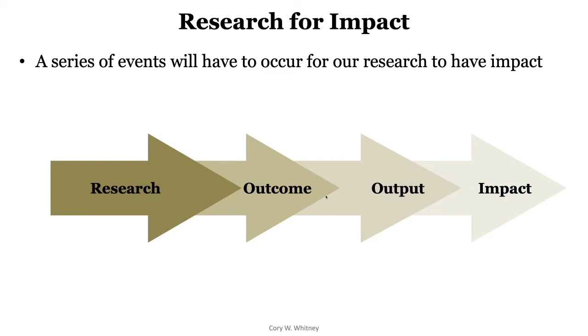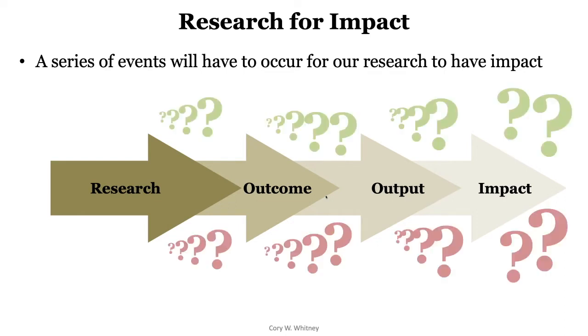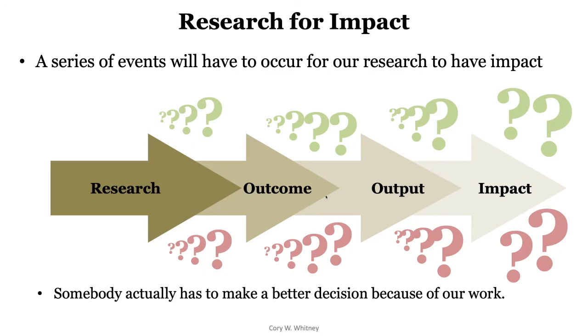I can't know very well what the output, ultimately the impact, will be on the communities that I'm working with. And I put a lot of question marks here. There's a lot of uncertainty. Actually, we know something, but we don't know everything about how this is going to work. But ultimately, that is our aim, that somebody makes a better decision because of our research, because of our work.